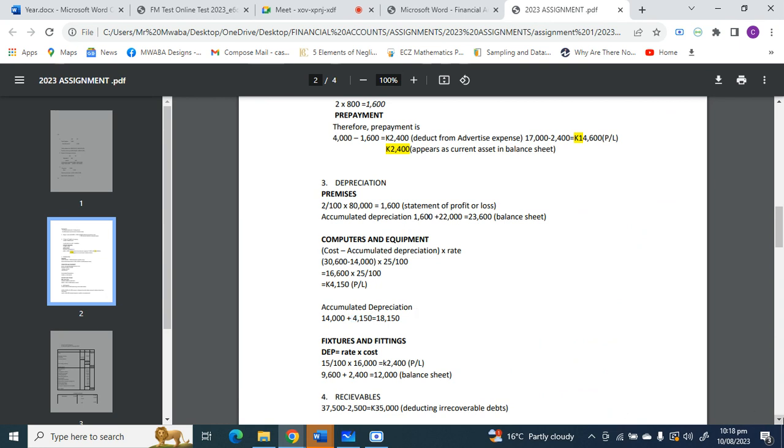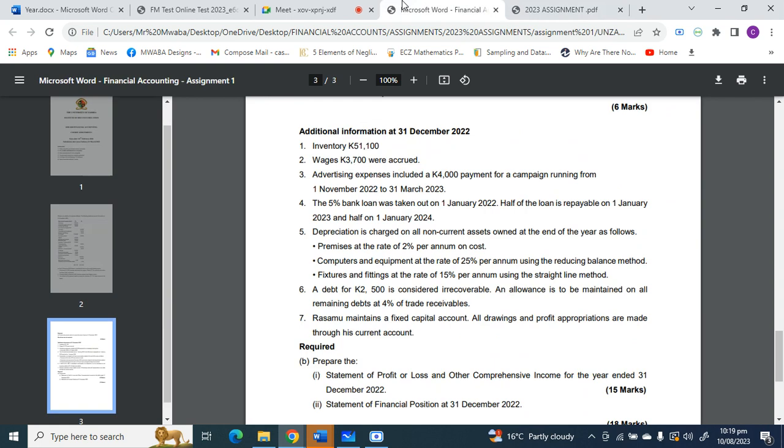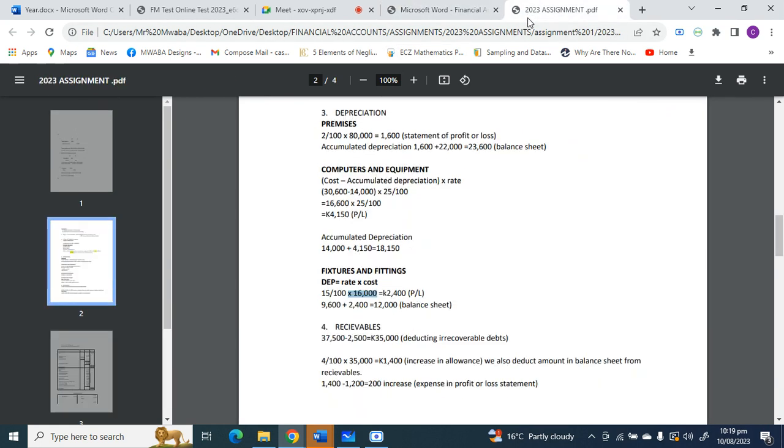Okay, then fixtures and fittings, straight line method, same as how we got for premises. You just get 15% times 16,000. All right, this is the cost of fixtures and fittings, 2,400. This is the depreciation expense for the year, fixtures and fittings.